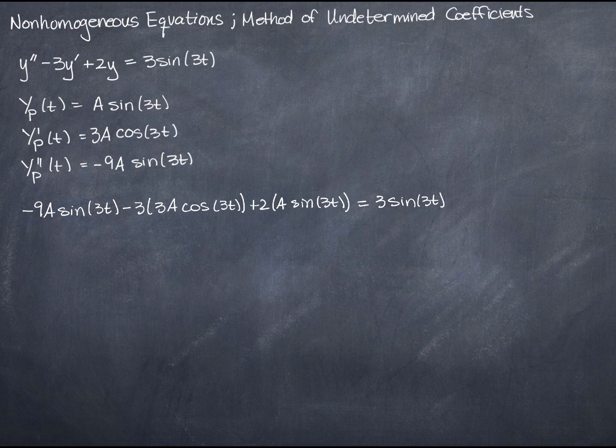All right, so if I distribute, I've got a 9 here, so I have negative 9a, the sine of 3t, minus 9a, the cosine of 3t, plus 2a, the sine of 3t.